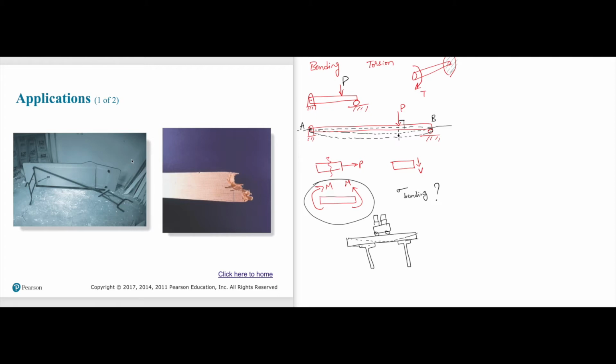Or let's say, for instance, we are given a task to design a bridge that is required to support 100 tons of load at a certain point. If that is the task given, we have to come up with the material design. What material should we use? What should be the shape of the material? What should be the thickness of the material? We have to come up with these kinds of details.